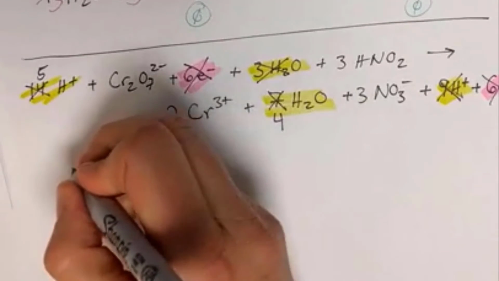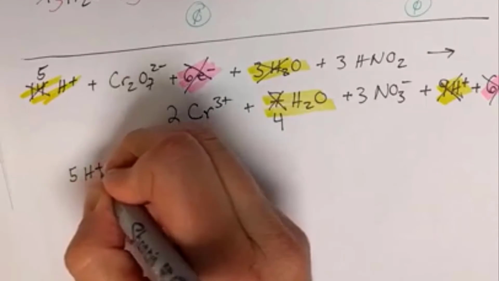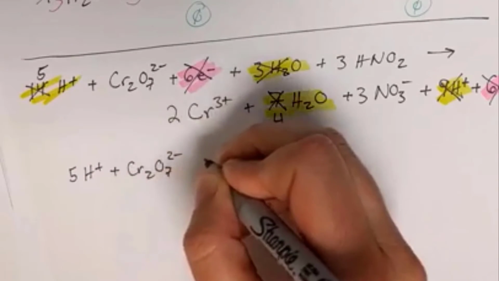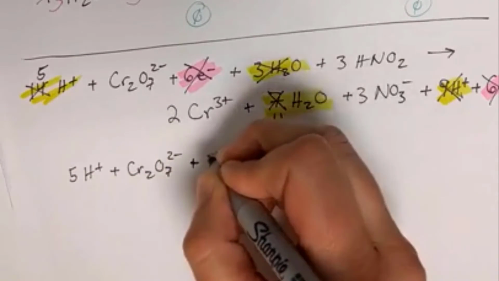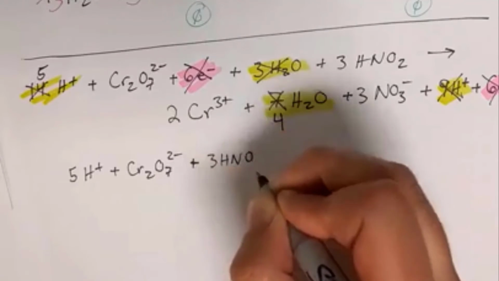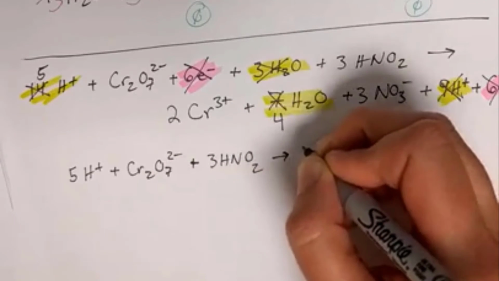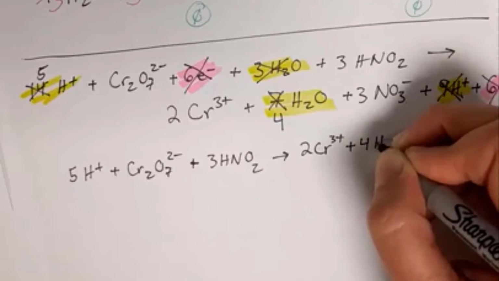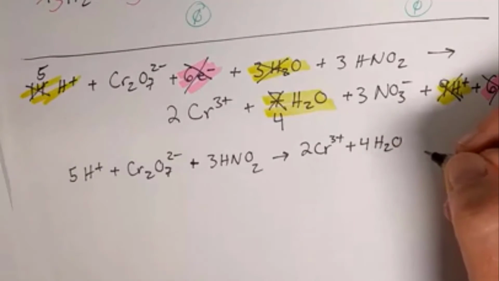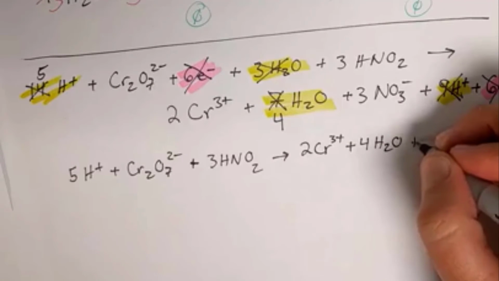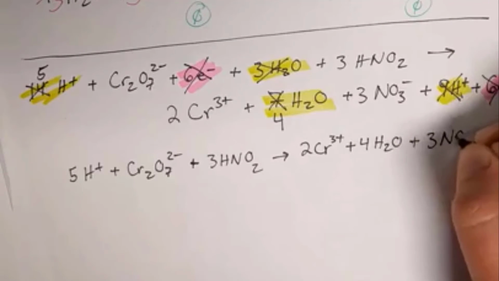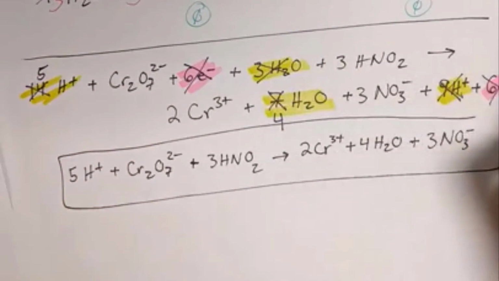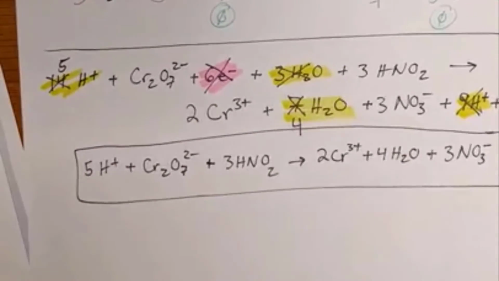So I now have 5 H+ plus dichromate, plus 3 HNO2, yields 2 Cr3+, plus 4 waters, plus 3 nitrates. That is my final reaction.